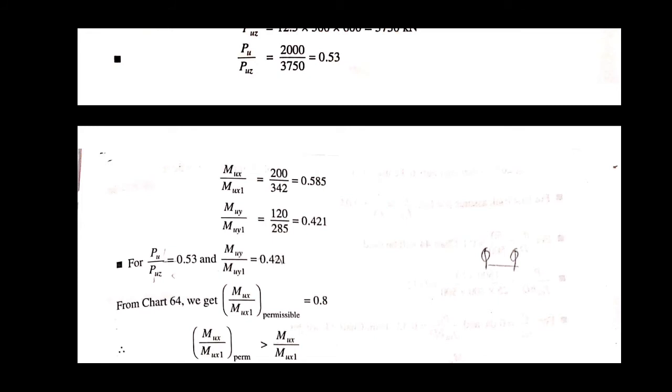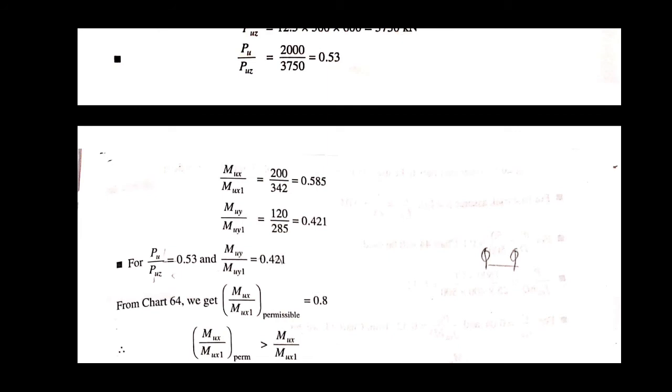Now we have to find the permissible value of Mux by Mux1 from chart number 64, depending upon the values of Pu by Puz and Muy by Muy1.